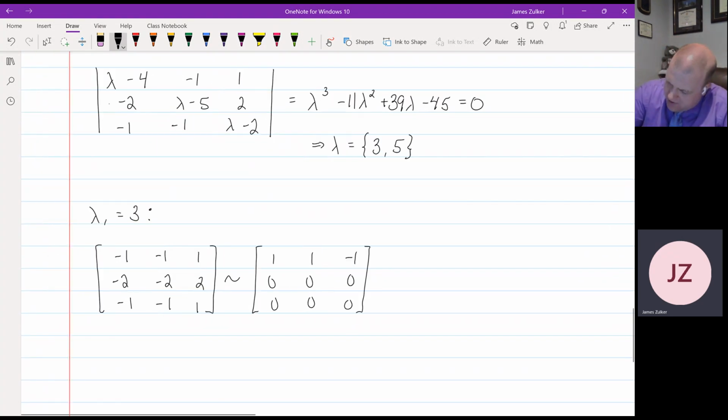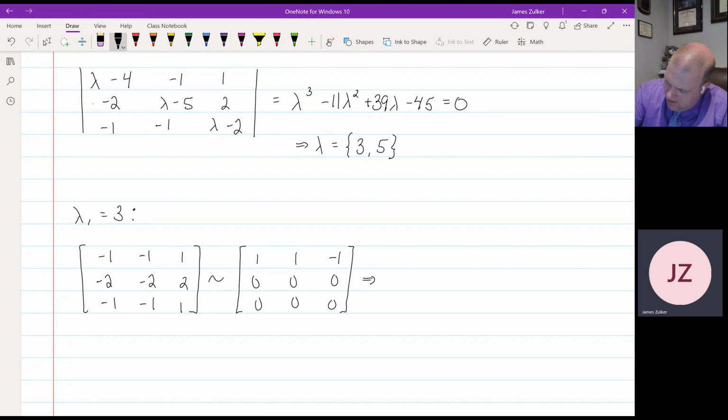So this means, of course, that x1 is equal to negative x2 plus x3.